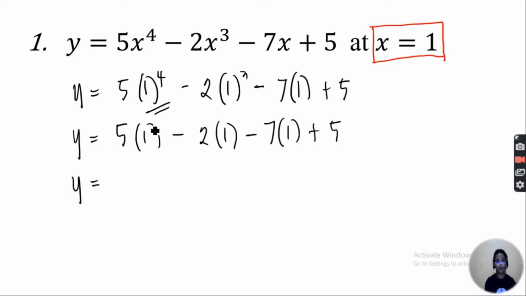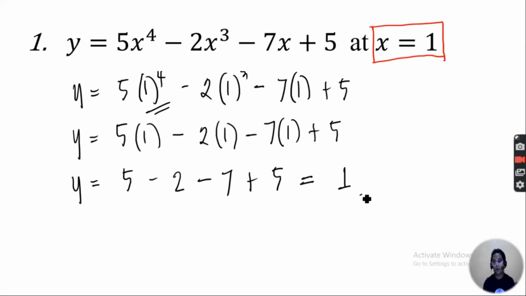So, y is equal to 5 times 1 is 5, 2 times 1 is 2, minus 7 times 1 is 7, plus 5. Then, we have 5 minus 2 is 3, minus 7 is negative 4, plus 5 is positive 1.